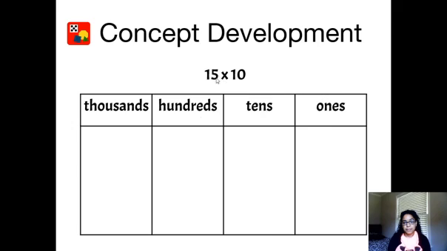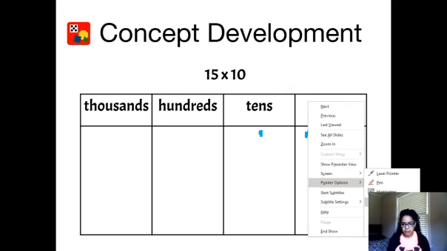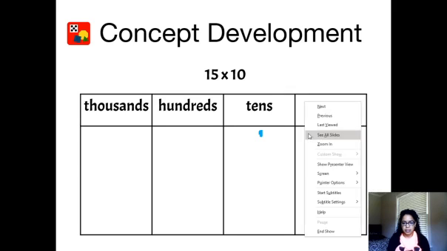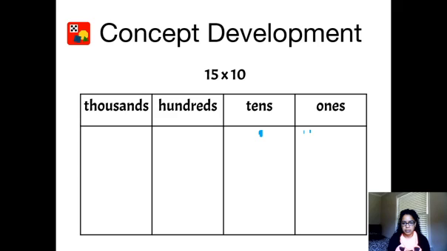So now we have 15 times 10. So if I put 1 here, and 5 ones, oops. Erase that and try that again. So 1, 2, 3, 4, 5. And we're going to multiply it by 10.